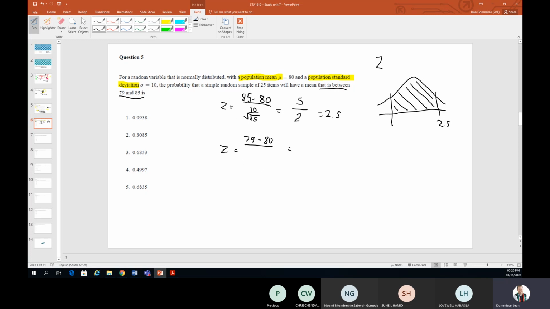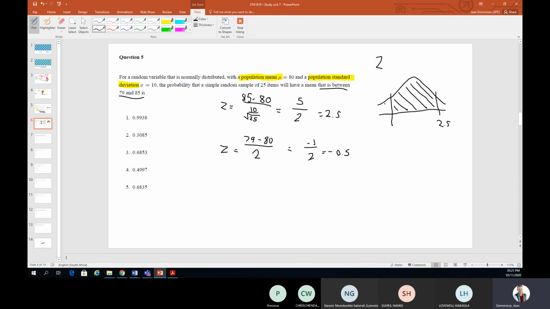The denominator will stay the same, 10 divided by 5. So we have -1 divided by 2, which is equal to minus 0.5.